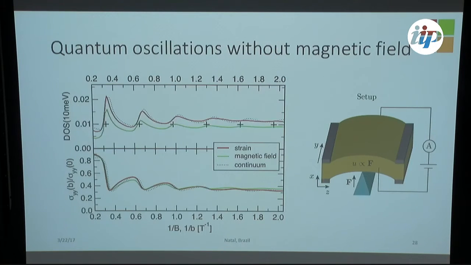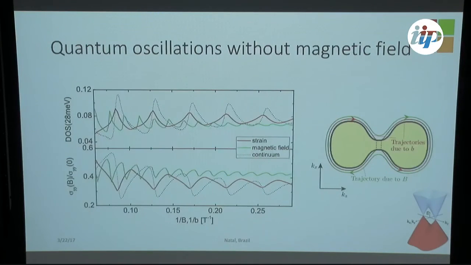However, let me return to the question of why the prediction for the positions of quantum oscillations from the low energy theory works better for the pseudomagnetic field, and that is because the two Weyl cones feel opposite pseudomagnetic field, so the trajectories due to which we see these quantum oscillations are different for the real and pseudomagnetic field.